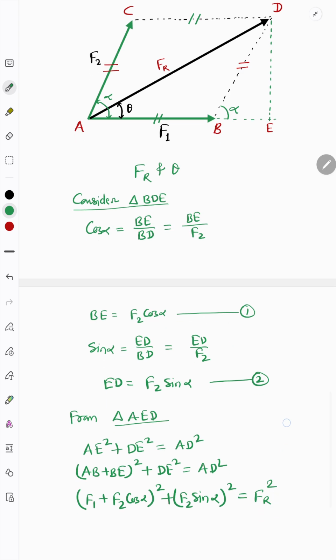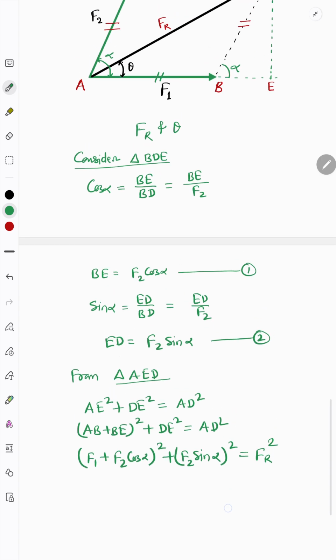So that is squared. Again we do the squaring: F1 square plus F2 square cos square alpha plus 2 F1 F2 cos alpha plus F2 square sin square alpha is equal to FR square.